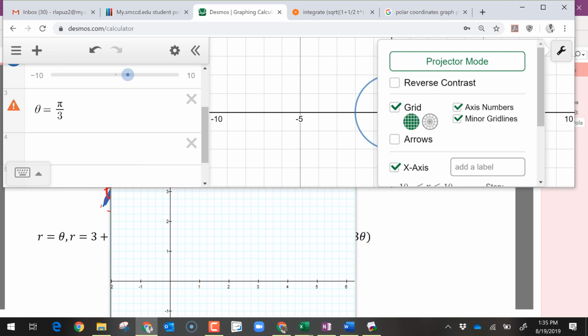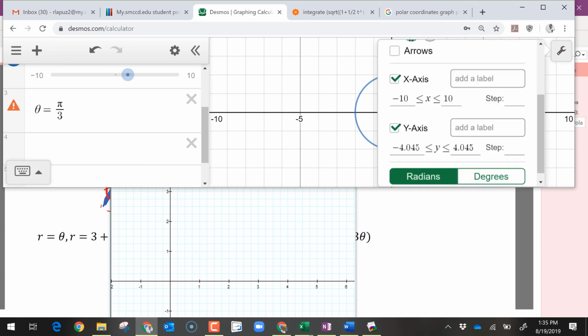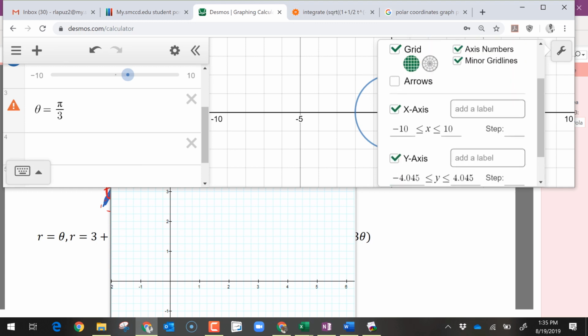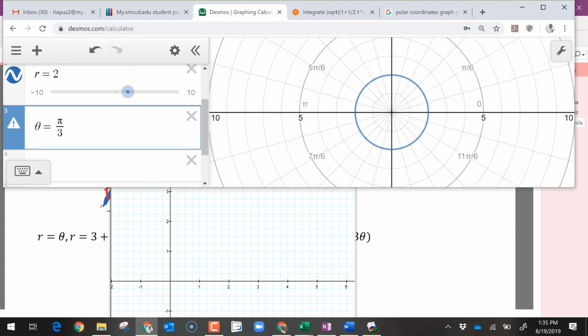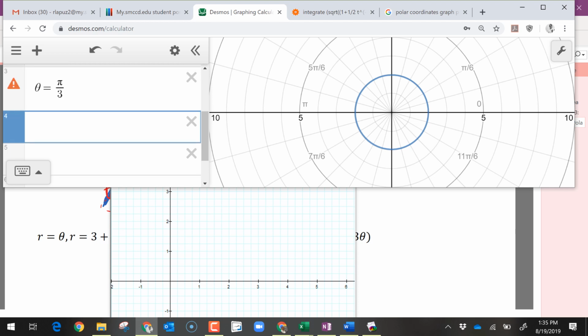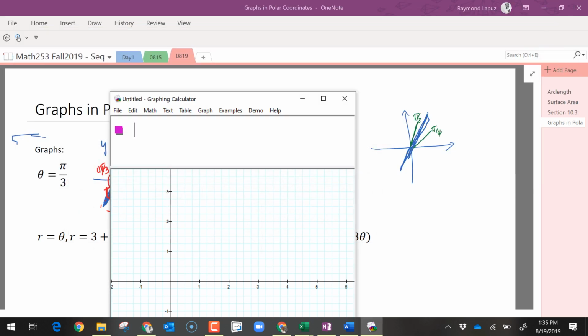The settings? No, it still doesn't help me graph this. Well, that's not what I was looking for. Anyways, I think this might do it. Let me see. There it goes.